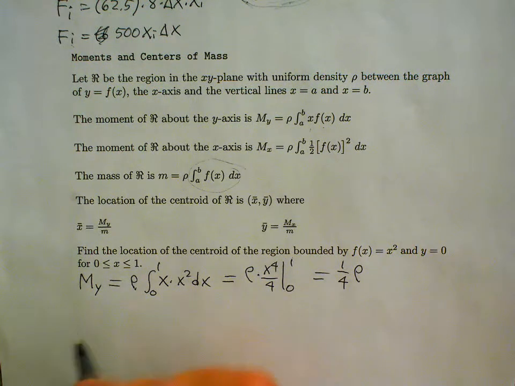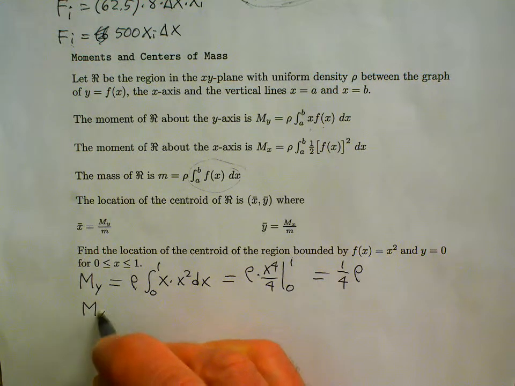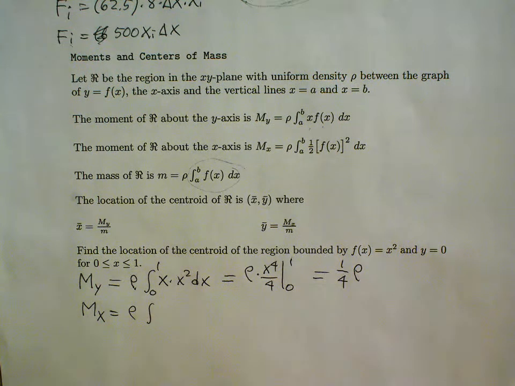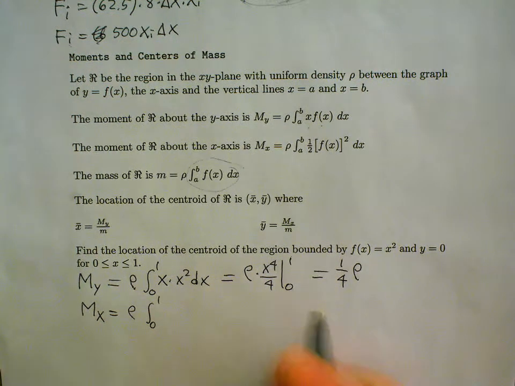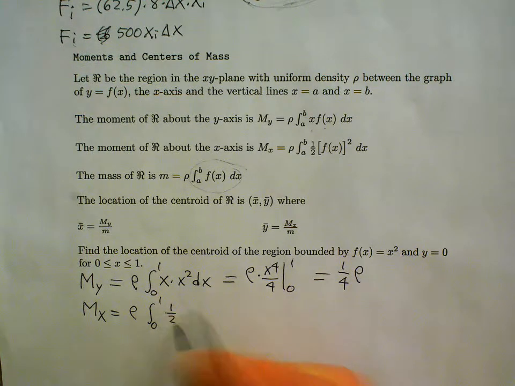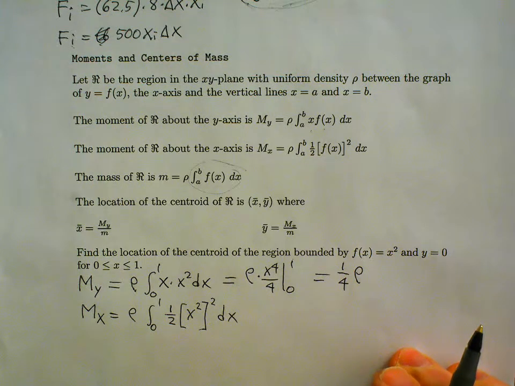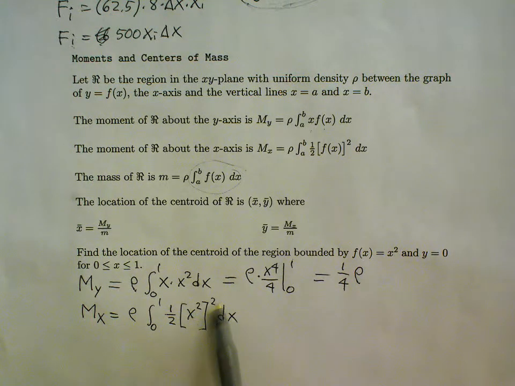Okay, the moment of this region about the x-axis is denoted M sub x, and this is equal to rho times the definite integral from 0 to 1 of 1/2 times x to the second squared dx. So x to the second squared is just x to the 4th.